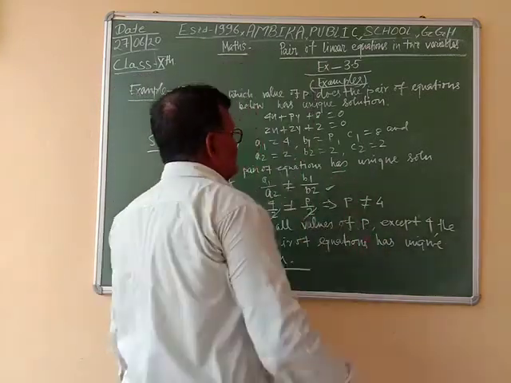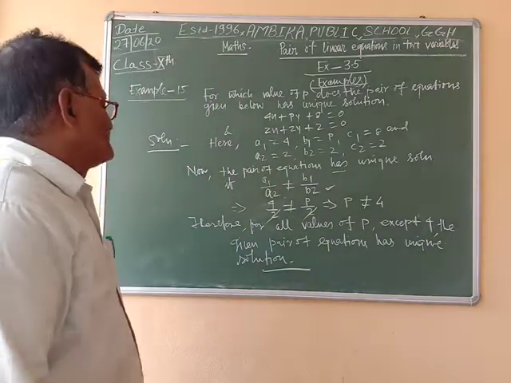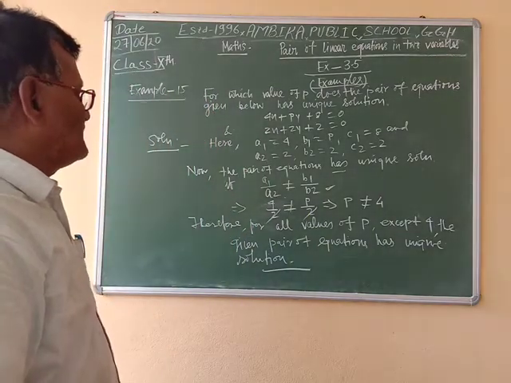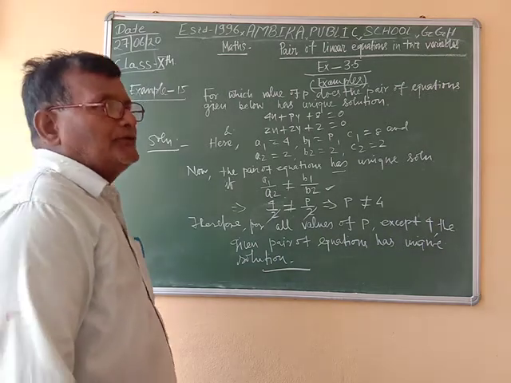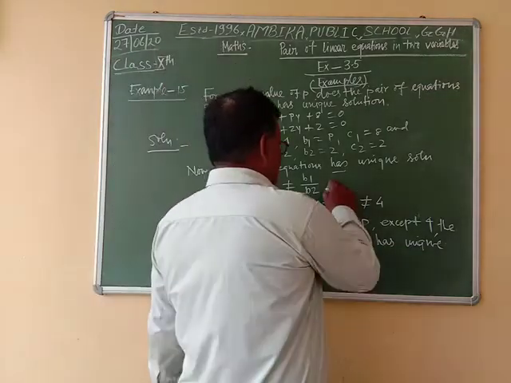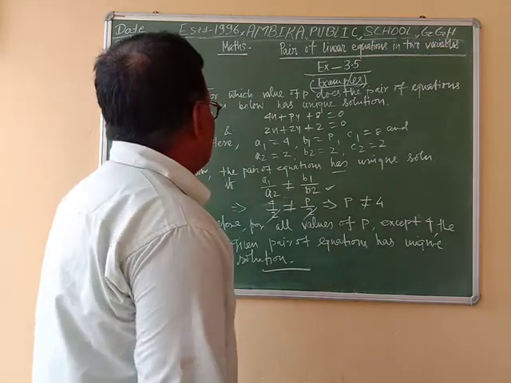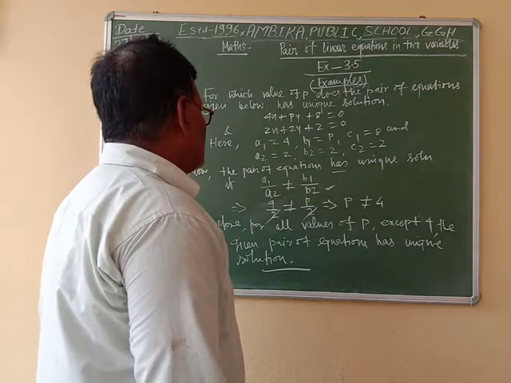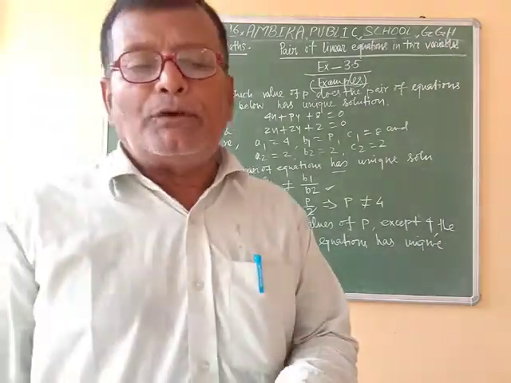You have learned if a1 x plus b1 y plus c1 is equal to 0 and a2 x plus b2 y plus c2 equals 0 are a pair of linear equations, then the equation has unique solution if a1 by a2 is not equal to b1 by b2.